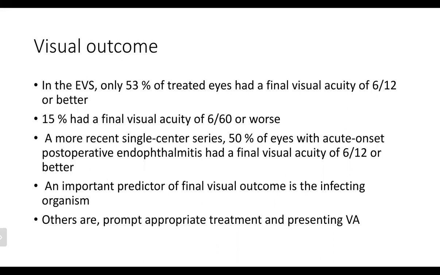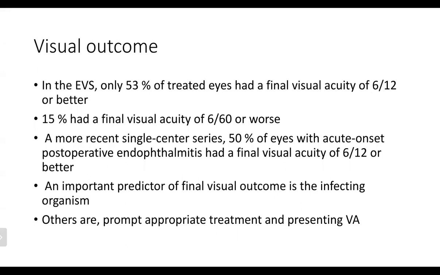In the endophthalmitis vitrectomy study, only 53% of treated eyes had final visual acuity of 20/40 or better. 15% had visual acuity of 20/800 or worse. And more recent studies have also shown that 50% of eyes with acute onset post-operative endophthalmitis had a final visual acuity of 20/40 or better, which is comparable to the endophthalmitis vitrectomy study finding.